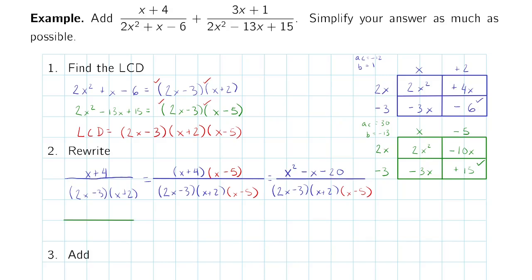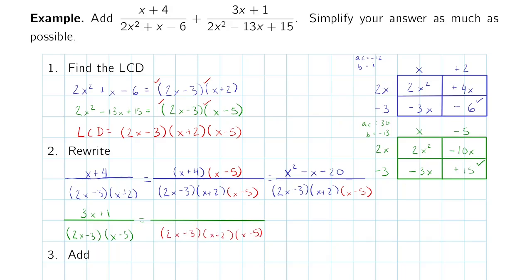Second one, and again, I'm going to write the denominator in factored form. I've got 3x plus 1 over 2x minus 3 times x minus 5. And I want to rewrite that with my common denominator.